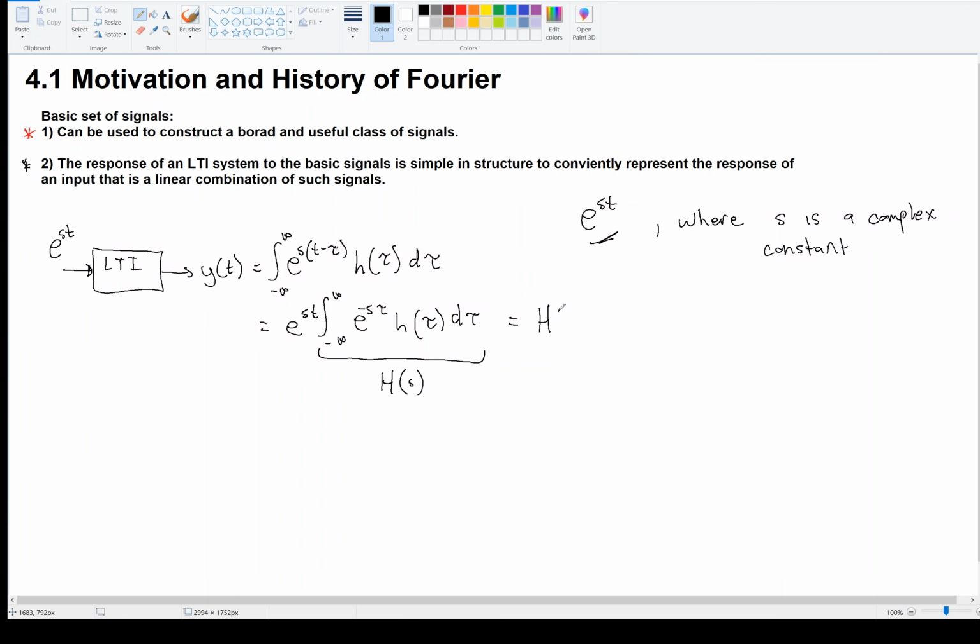So I've got a constant, possibly complex, times what I started with, right? I put in e to the st, I get out e to the st. That's amazing. I put in this signal, I get out the same signal, scaled by a constant. So this is very convenient for us.